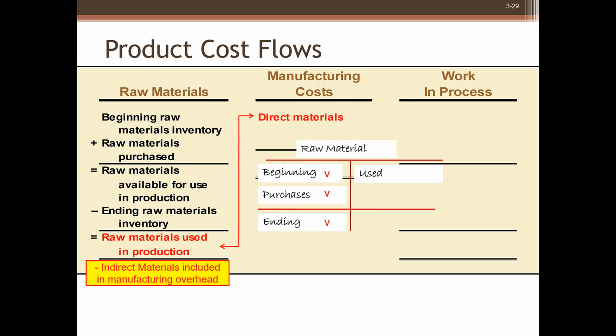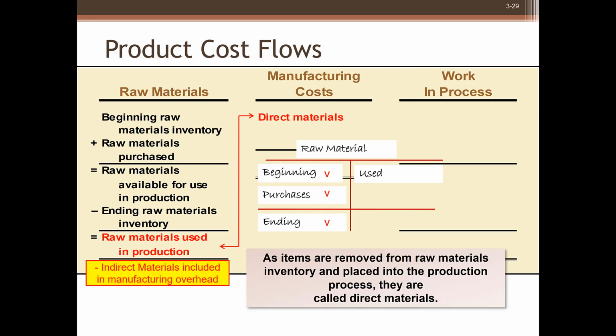The textbook defines that as items are removed from raw materials inventory and placed into a production process, they are called direct materials. But keep in mind, if there are indirect materials used in production, we should also subtract indirect materials from raw materials. And indirect materials should go to manufacturer overhead.